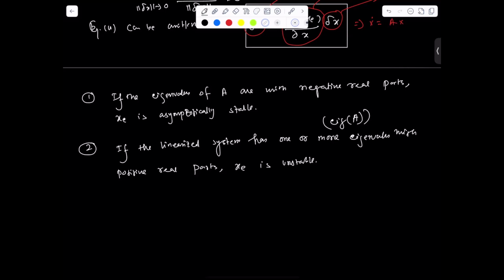So these 2 points are very, very important in the Lyapunov first method.